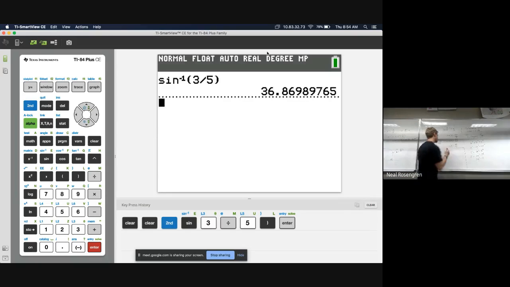And there's actually something called the Pythagorean triples, which are integer-only side lengths in right triangles.